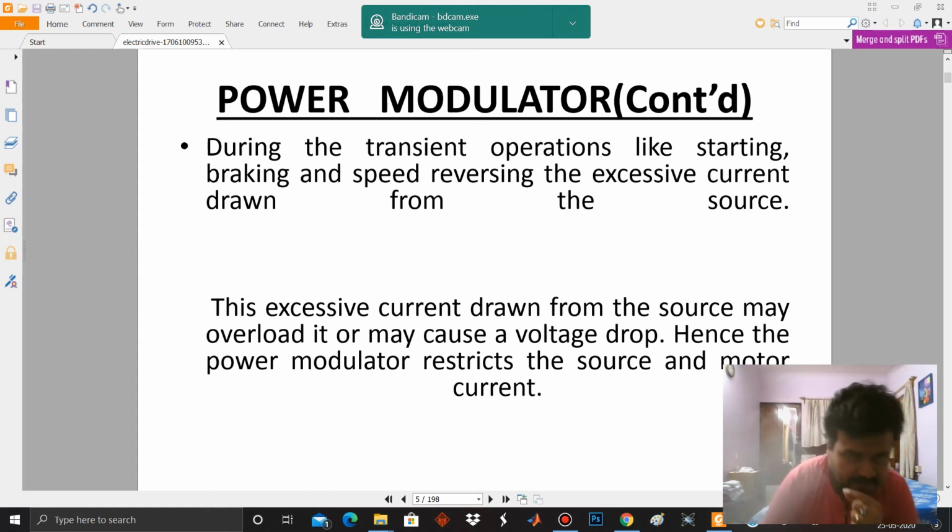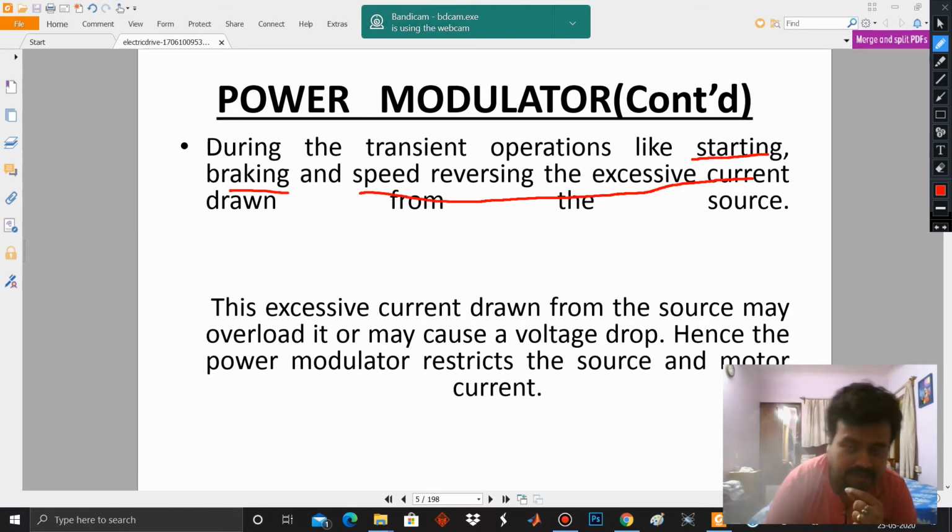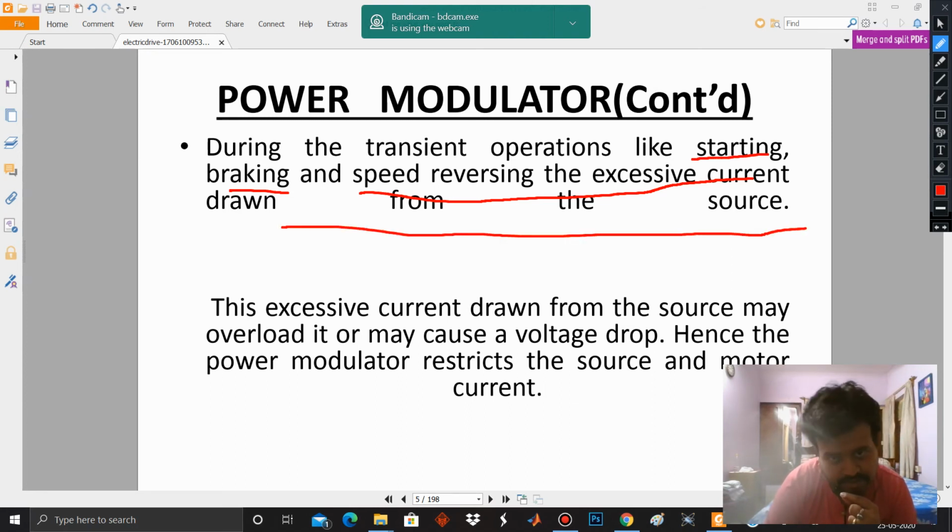Next comes the power modulator. So during the transient operations like starting, braking, speed reversing, the excessive current is drawn from the source. So what is meant by transient operation? Transient operation means that which is very intermittent.